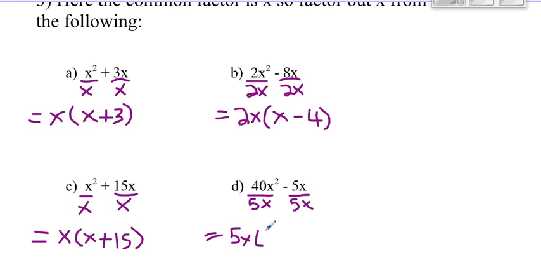X squared divided by x just leaves me with 1x. 5 divided by 5 is 1, and x divided by x is 1. So here, it doesn't go to 0, guys. It just goes to 1, because any number divided by itself is 1.